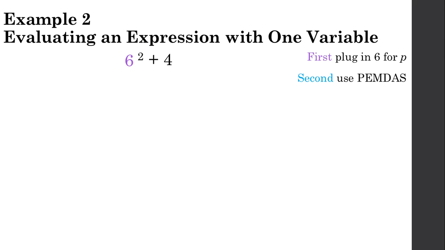So in this particular expression, there's no parentheses, but there are exponents. 6 squared is 6 times 6, which is 36. As we look at our new expression, there's no multiplication or division, but there is addition. You do 36 plus 4, gives you 40, and you're done with this problem.